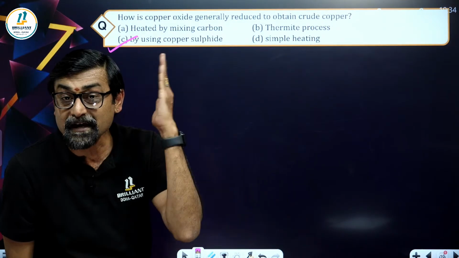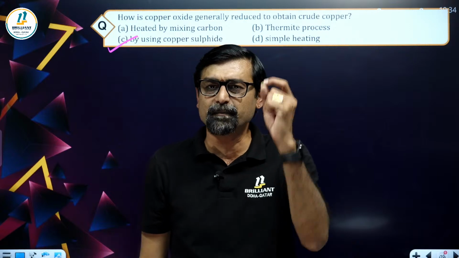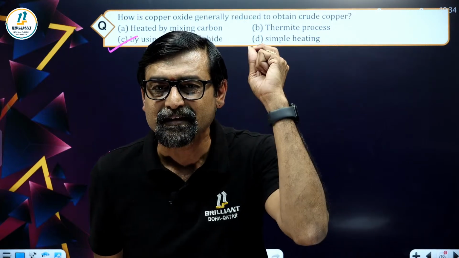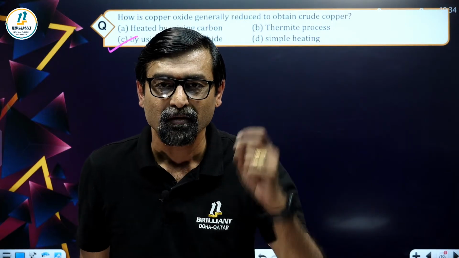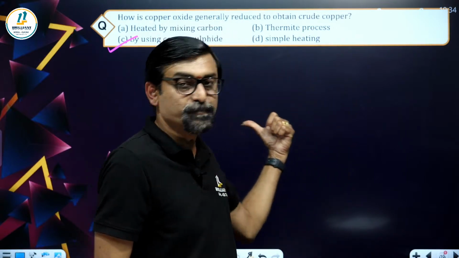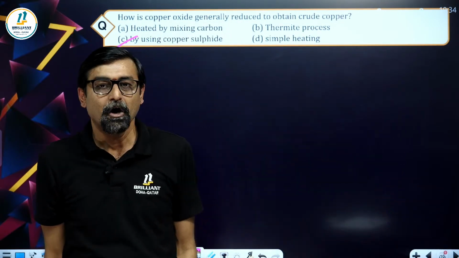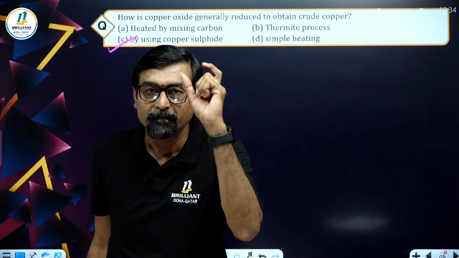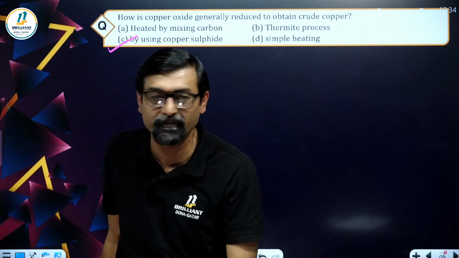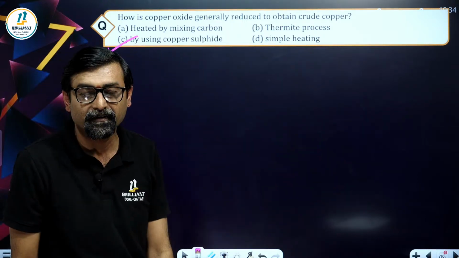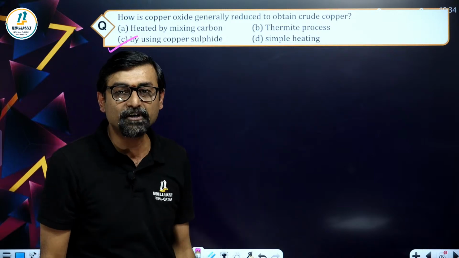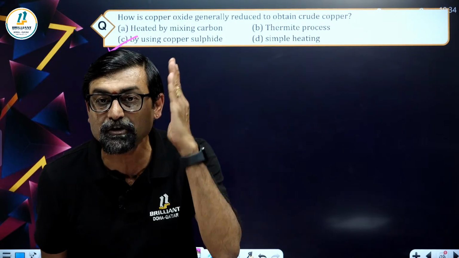By using copper sulfide. Can anybody tell me what the process is named? By the time I finish the explanation, I want to see in the chat box the phenomenon we are going to opt for with this copper sulfide. Let me see how many are going to give it. What is it known as?